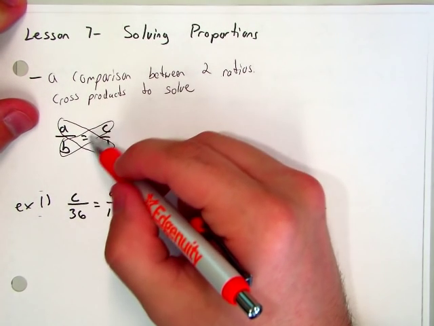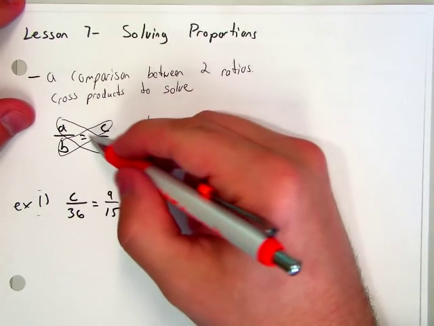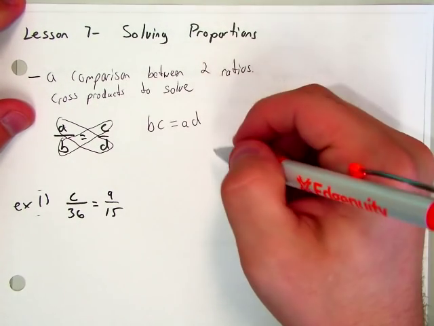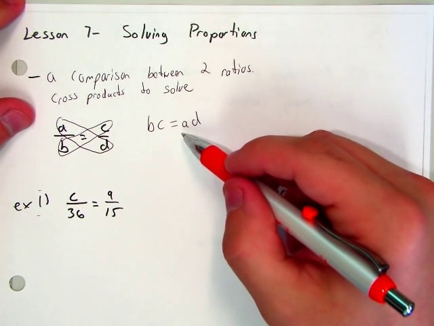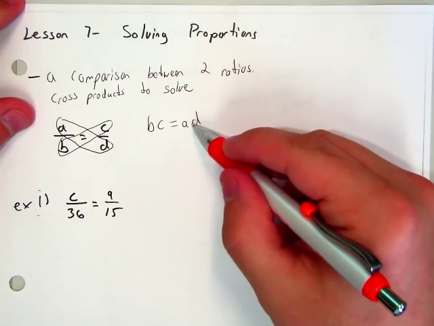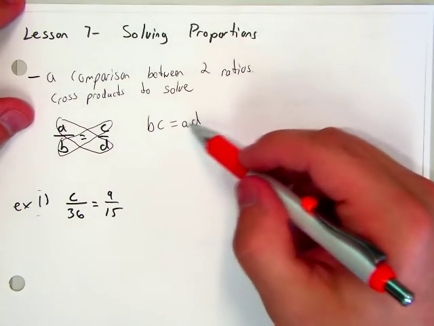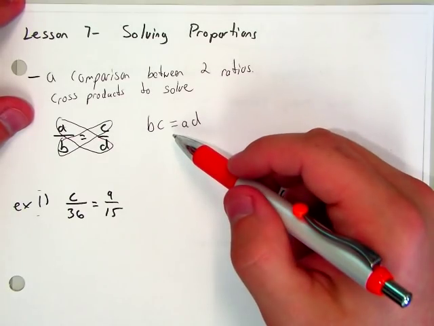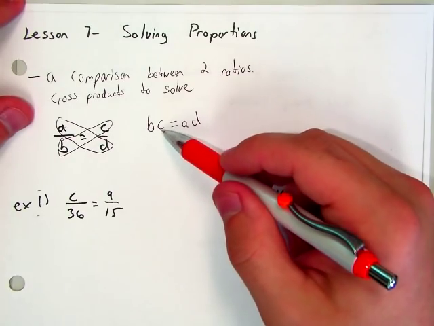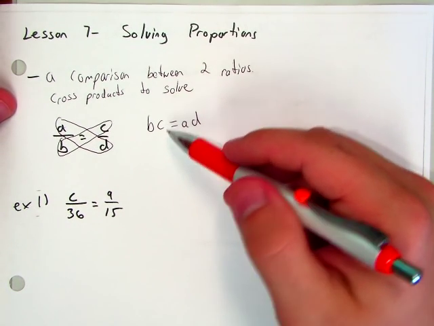So what we do is we go B times C and A times D. If these two multiplied together is the exact same answer as these two multiplied together, it is proportional. If one of these is missing, we can solve this equation to find out the missing part.